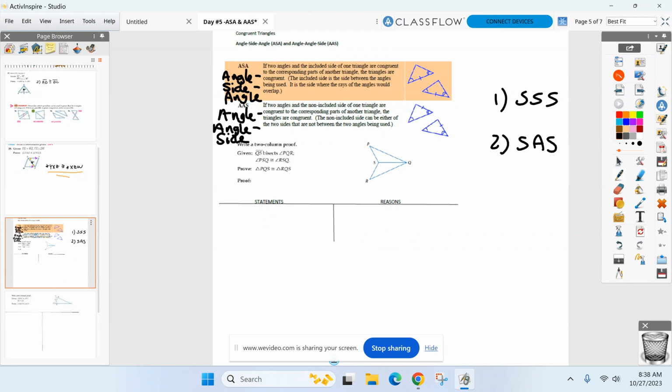Most kids in first period got it done. Let's see what happens here. Sorry, I didn't write in your statements and mark your diagram like I did yesterday. That's on you. So go ahead, do your thing. Write in your givens.